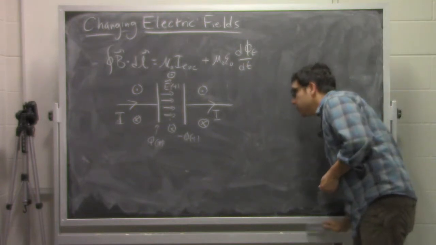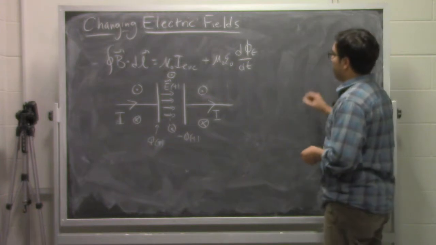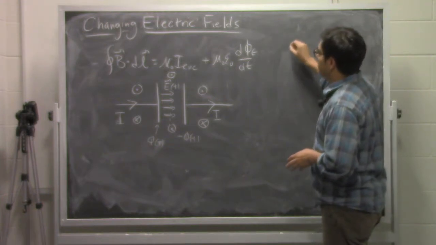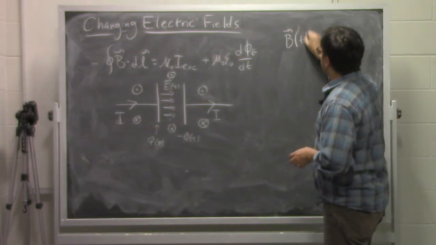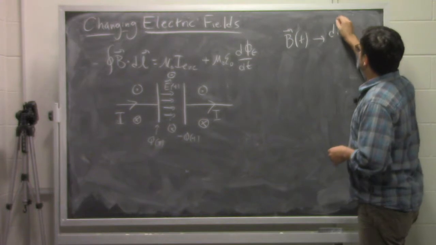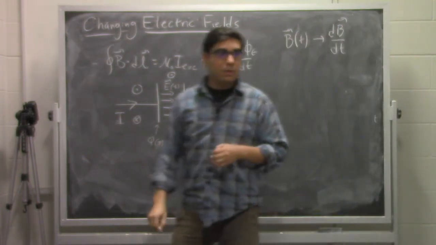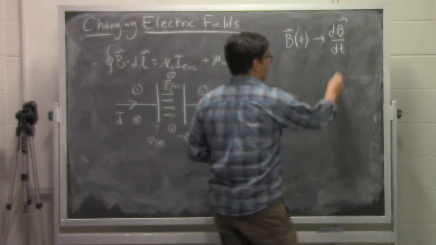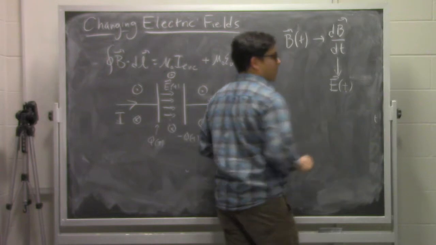So in fact, if we go back to a description where we have, like we've had before, some magnetic field that changes with time, if it has a non-zero time rate of change, right, if its magnetic flux changes, then that will drive an electric field which will also change with time.